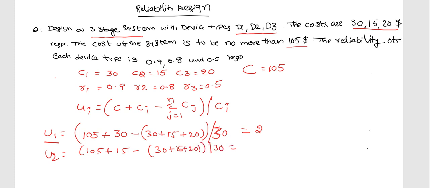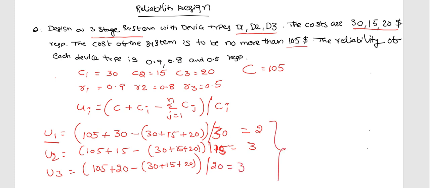Simply the answer is 135 minus 65, divided by 15, which is 3. U3 is the same thing for device 3, and we are also getting 3. These are the maximum number of copies at each stage.